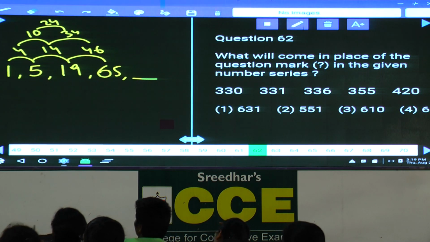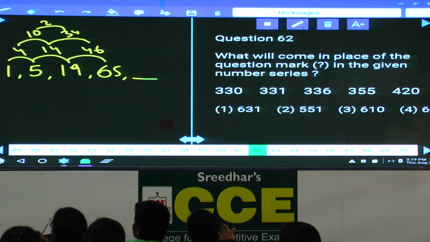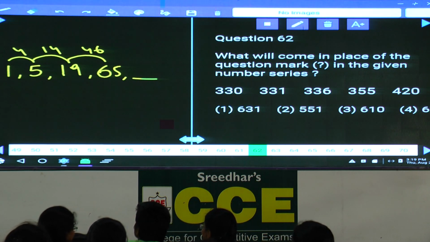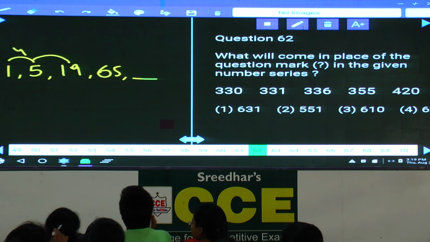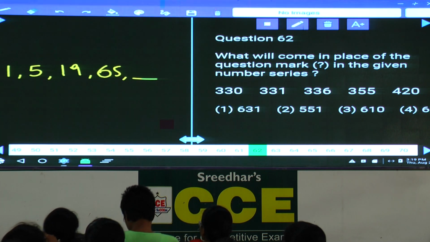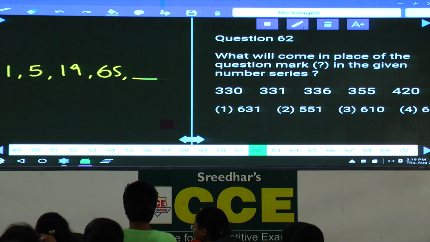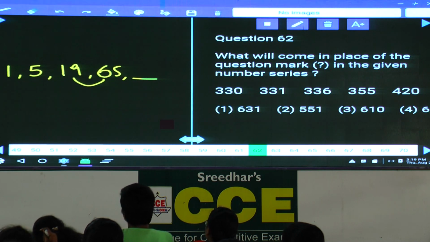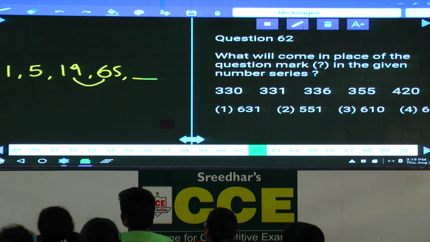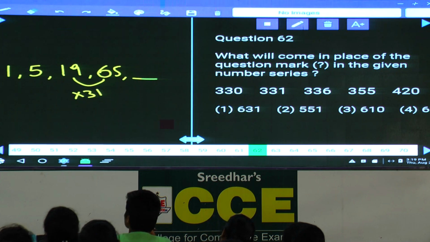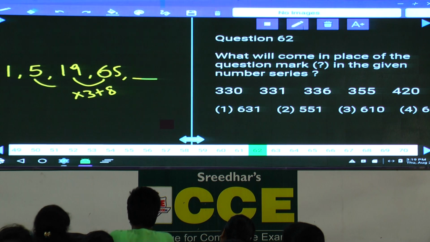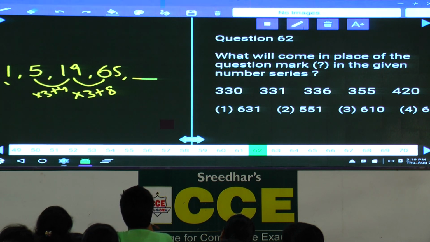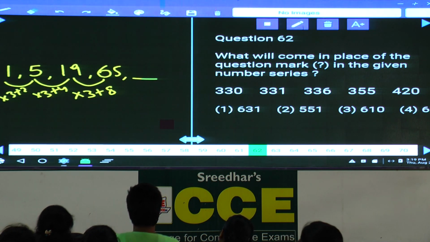That's why you stopped, you kept building like this, seven hills. Then next one, now 1, 5, 19, 65, how can I express this one? 1 into 3 plus 2, 5 into 3 plus 4, 19 into 3 plus 8. Now 19 into 3 is 57, plus 8 is 65. And 5 into 3 is 15, plus 4 is 19. Now 1 into 3 plus 2, into 3 plus 4, into 3 plus 8.